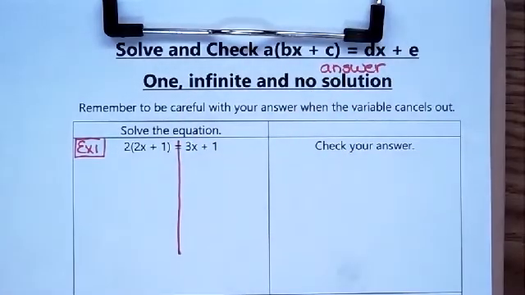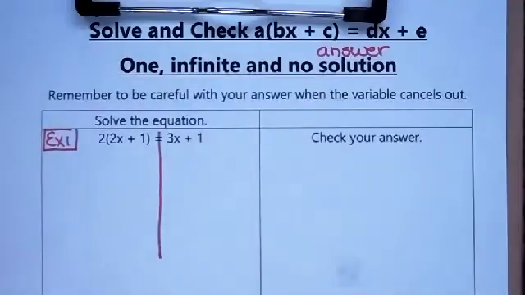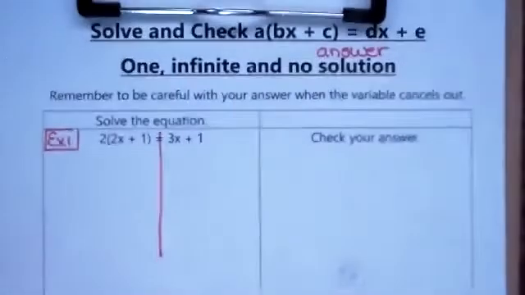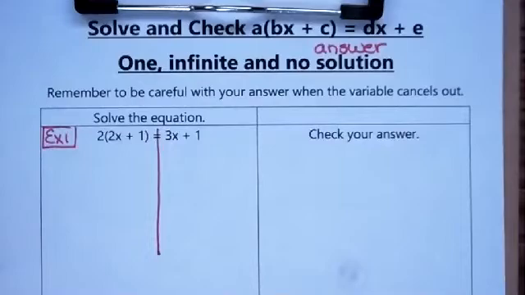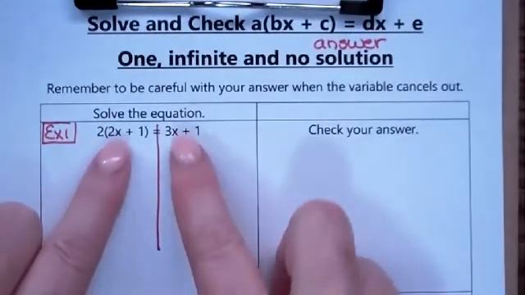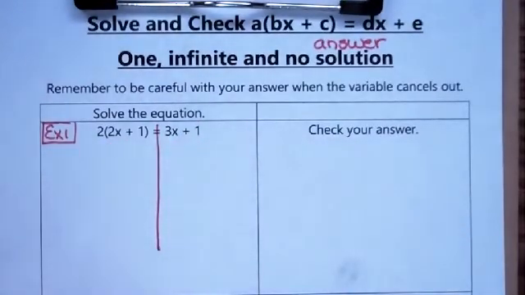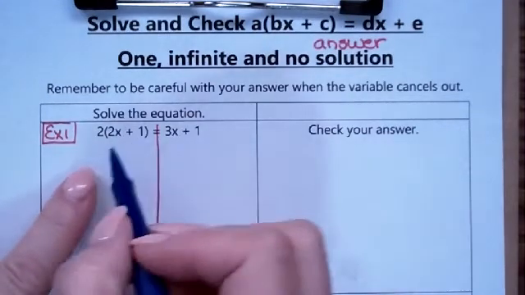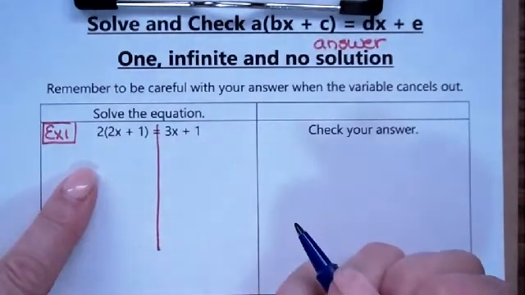Now example 1 really does look a lot like what we were doing in our previous assignment. We've got variables on both sides. We've got parentheses. So let's start simplifying this because we know how to do this. On the left side of the equation, I need to do the distributive property.